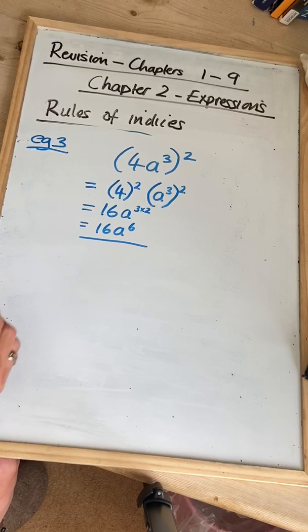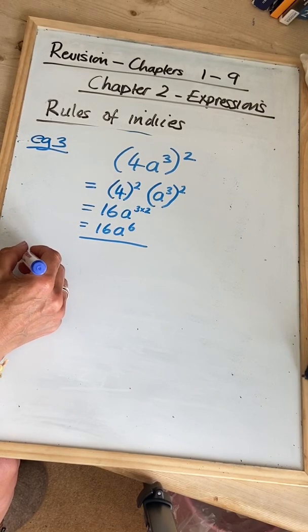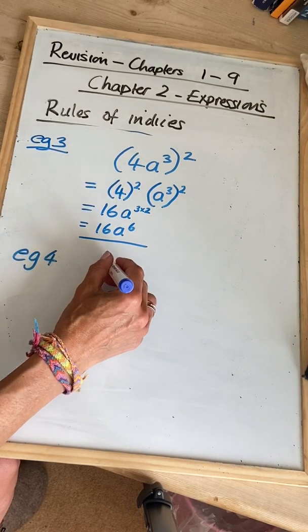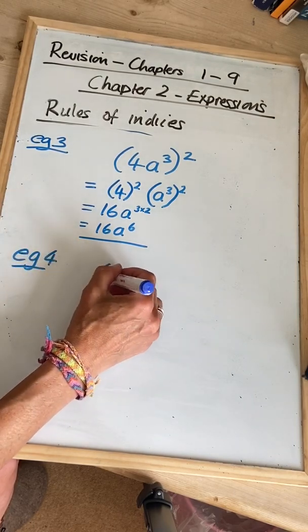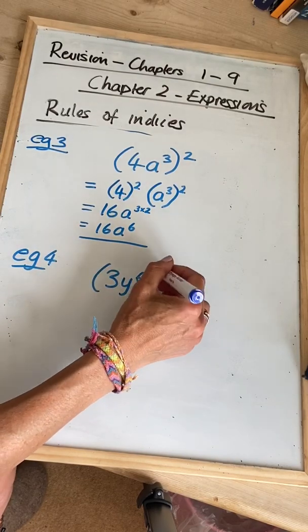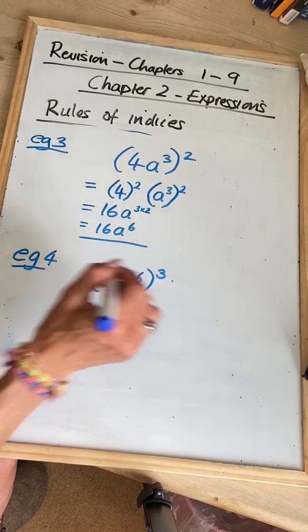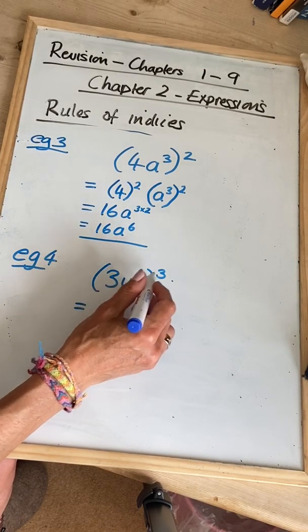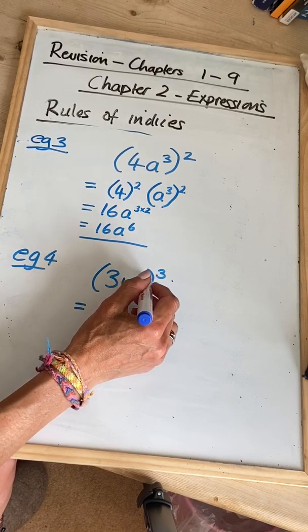And final example, I'm going to have 3y to the 6 all cubed. Okay, so this means that I've got to take the 3 and cube it, and the y to the 6 and cube it.